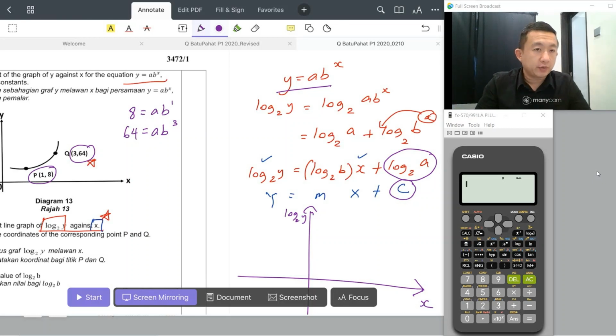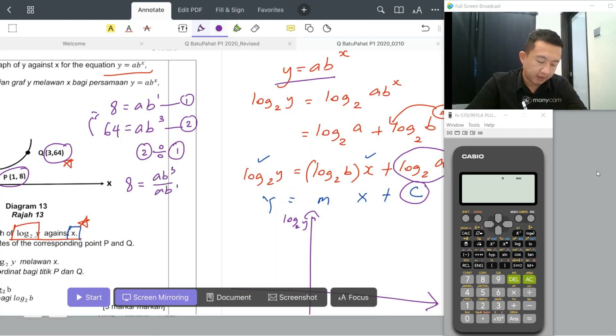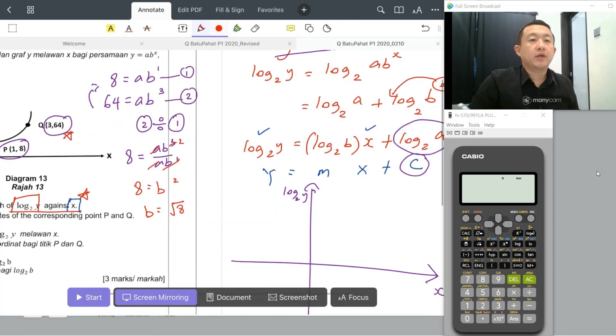So to continue, what you can do is you can have number 2 divided by number 1. So 64 divided by 8. 8 equals to ab^3 divided by ab^1. Simplify it. So you have 8 equals to b squared, b equals to square root 8. Okay, now find the value for a also, since we have b.